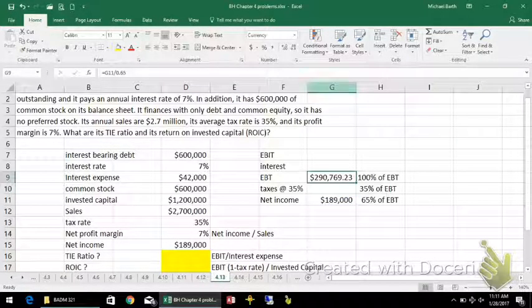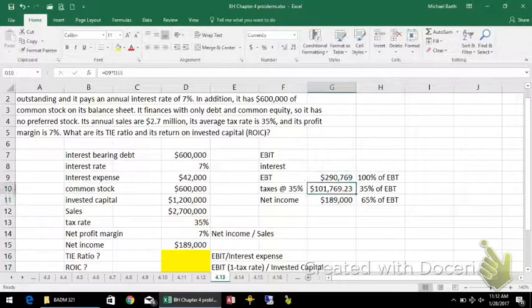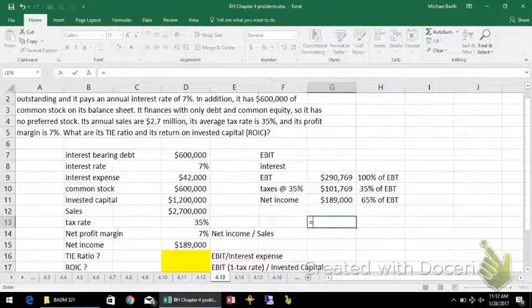That gives me taxable income of $290,769. I can double check my answer, multiply that by 0.35. I actually use cell references just to make sure. Check my math.